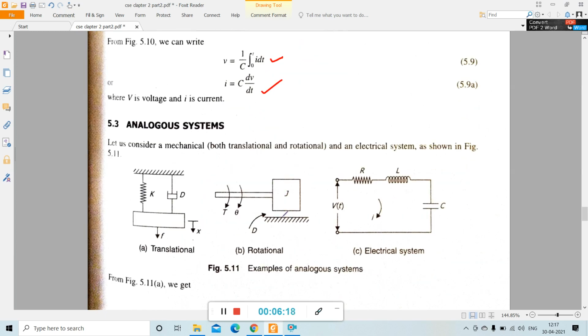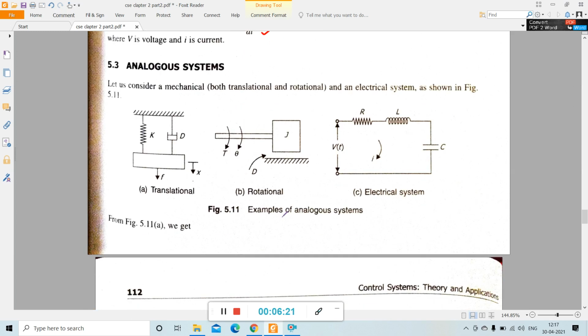Then we will discuss analogous systems. Let us consider a mechanical and an electrical system. Under mechanical we have translational and rotational systems. This represents the translational system, this represents the rotational system and this represents the electrical system.